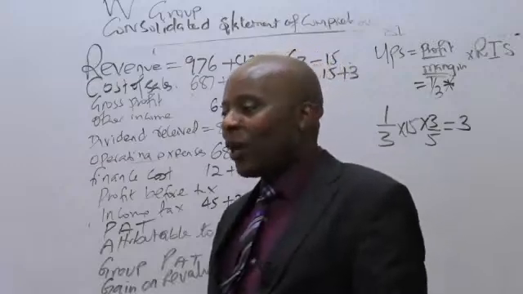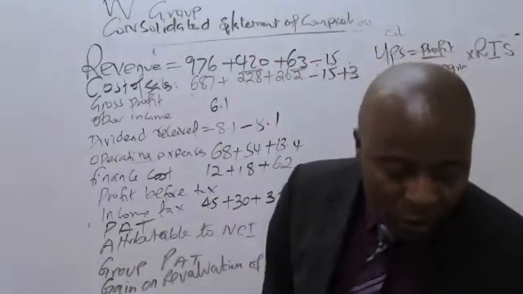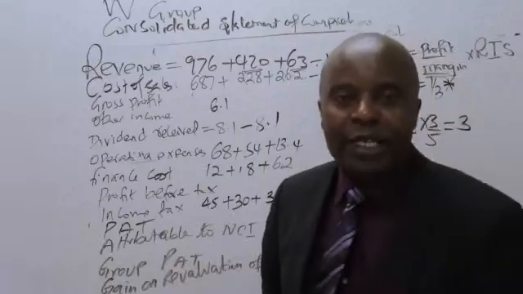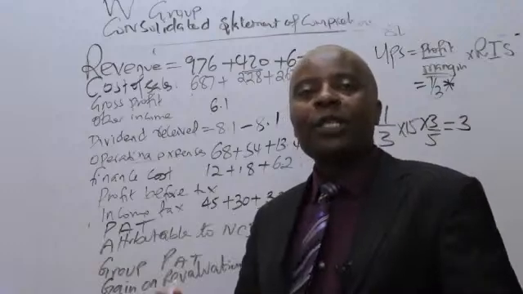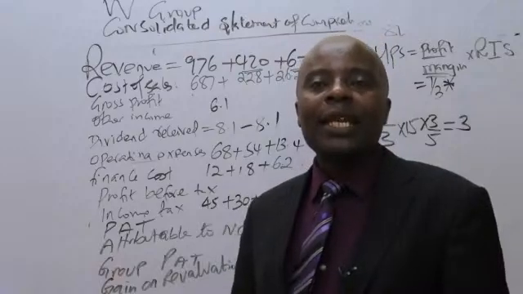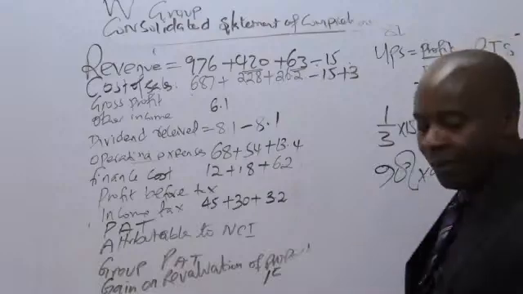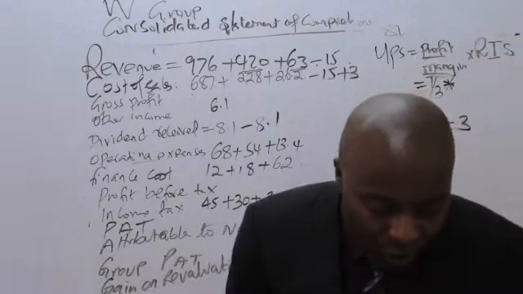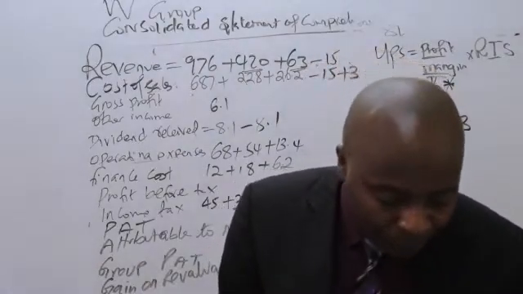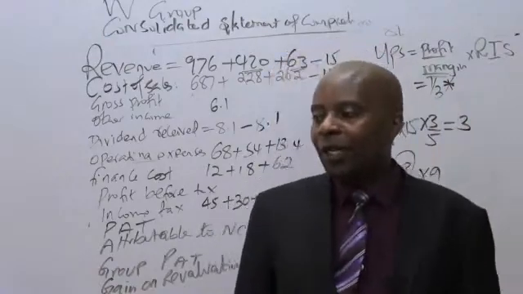How did I get 8.1? Very easy. Look at note number 3. W Limited owns 90% of the equity shares of F. And whatever dividend F declares, W will be getting 90%. So 90% of the 9. Remember, we are told in note number 5 that F declared an interim dividend of 9 million.